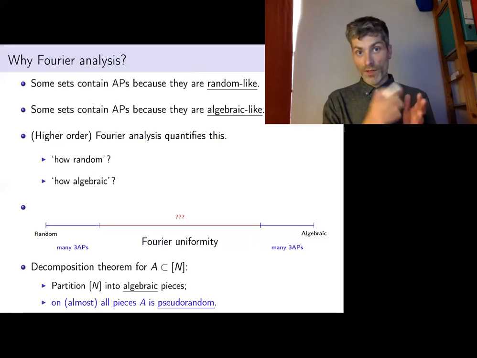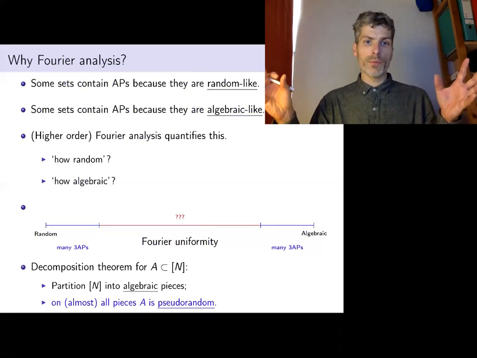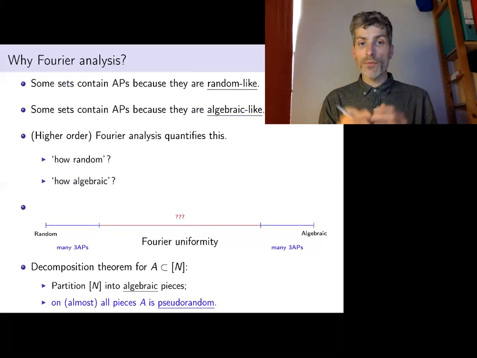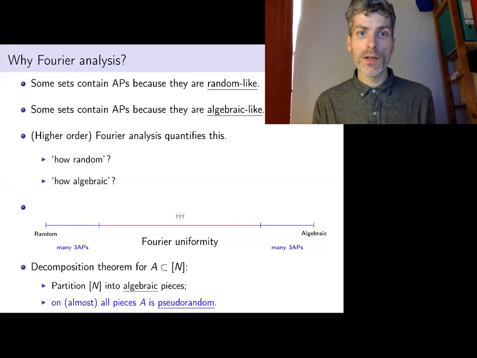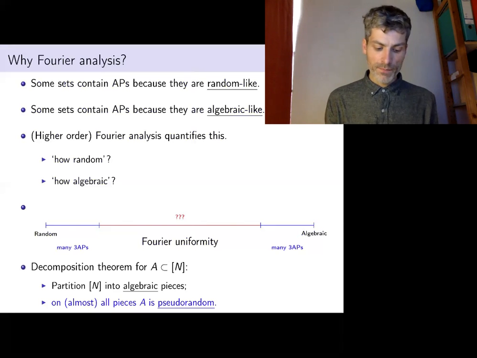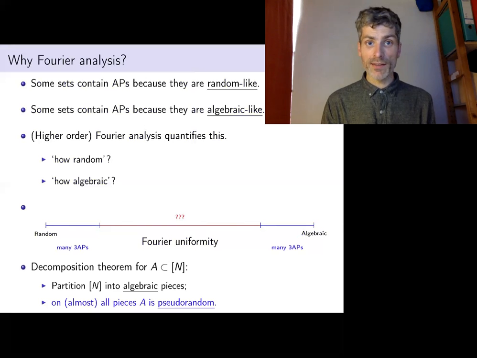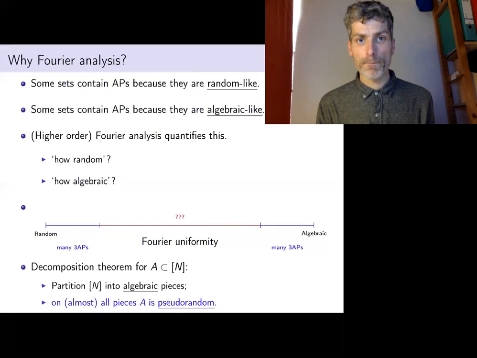So it really divides your problem up into lots of little algebraic problems, or one big algebraic problem. And within each algebraic fiber, there's a random problem. And you solve both of those problems, and you can stitch those solutions together to exhibit arithmetic progressions in a dense set by solving the random case and solving the algebraic case. And then the decomposition theorem allows you to stitch those two extremes together.